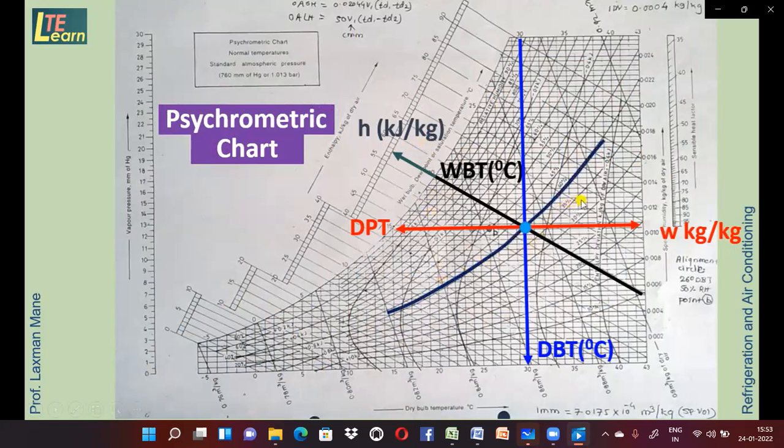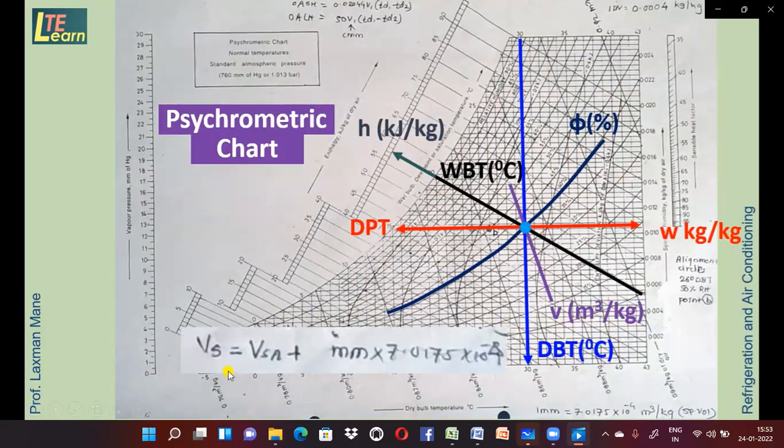This is a curved line which represents relative humidity in percentage. This is one more inclined line which gives specific volume in meter cube per kg. In order to calculate specific volume of air at any point on the chart, the formula is VSA plus this distance.